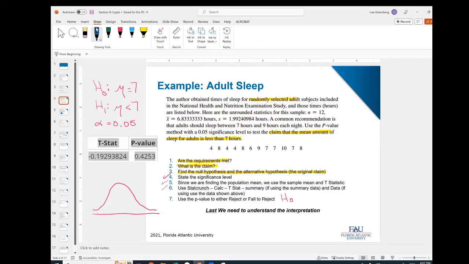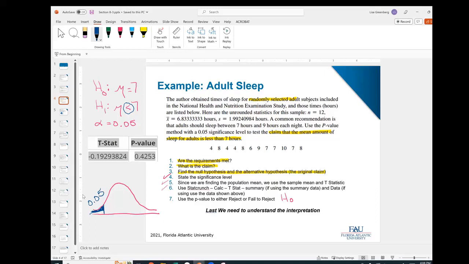Alpha is 0.05. First thing we need to think about is, is this a one-tailed test or a two-tailed test? Well, because of this less than, it's really just a one-tailed test, where the probability or the area under this curve right here is 0.05.